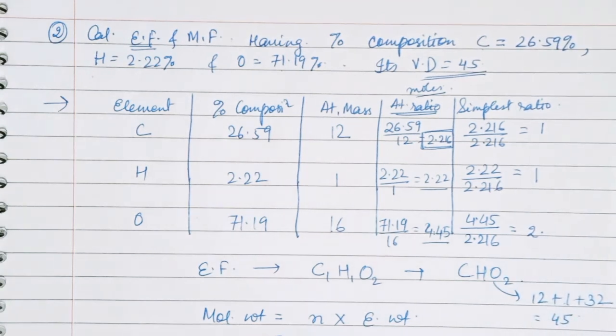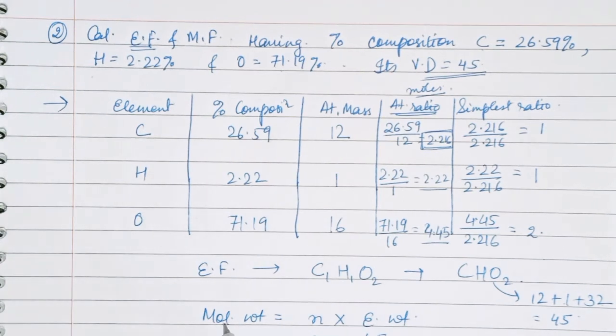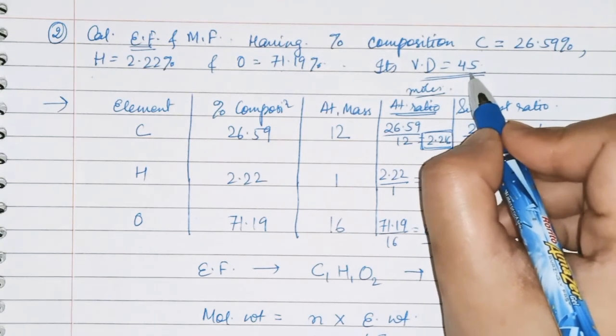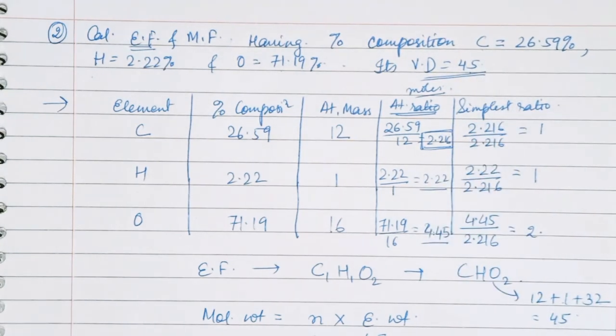So N into 45, you will get the molecular weight. But what is the value of N over here? In your question, one more value is given, that is vapor density. And you all know that molecular weight is equal to 2 into vapor density. In the question the vapor density is 45, so you will write 2 into 45, that is 90. So now you have the molecular weight also, that is 90.